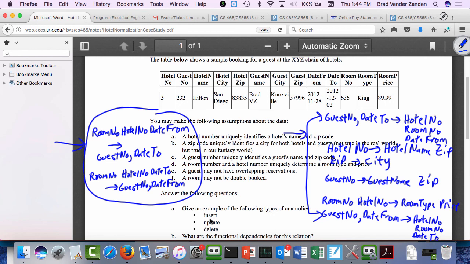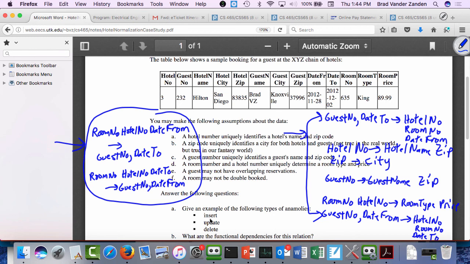Okay, so while we do have them all up here, we need to identify what is the primary key for this particular reservation. And it turns out there are more than one.